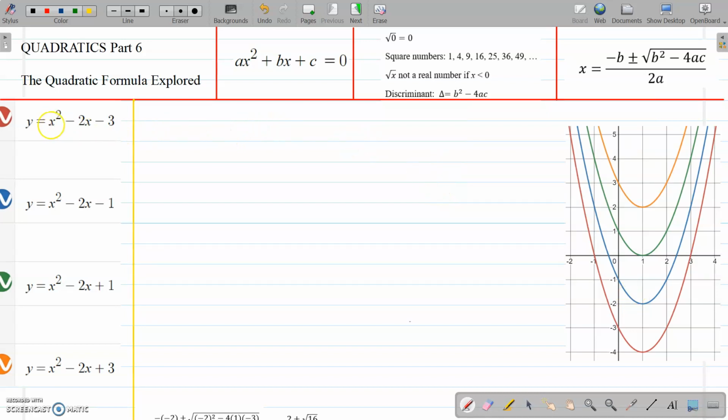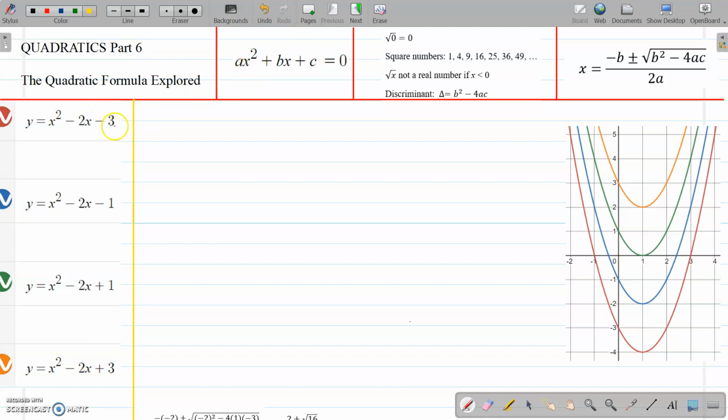Of course, you'll notice that they all have the same x squared coefficient of 1, so that's the value of a in the general form, and the b, or the x coefficient, is -2 in all of them. But what's different is the constant at the end, which changes the value of c.